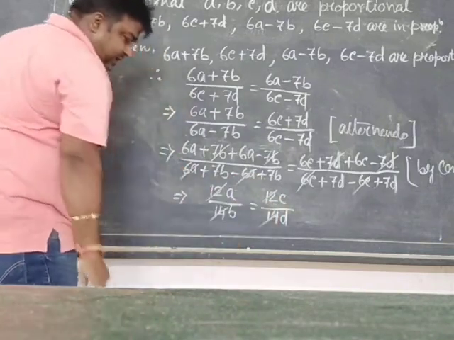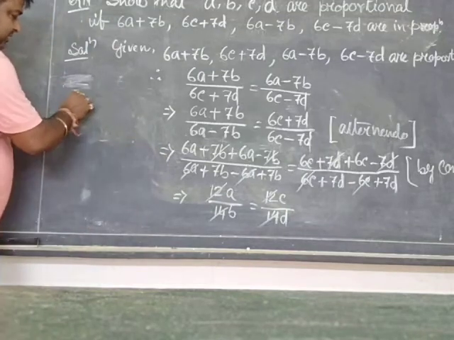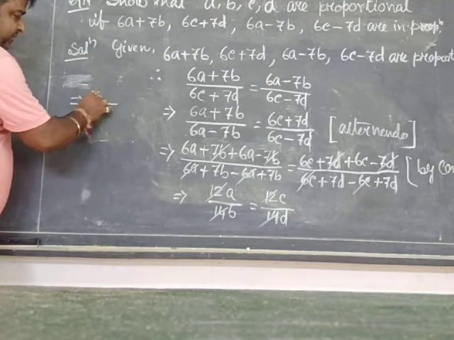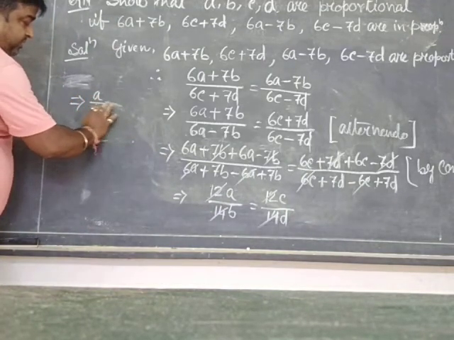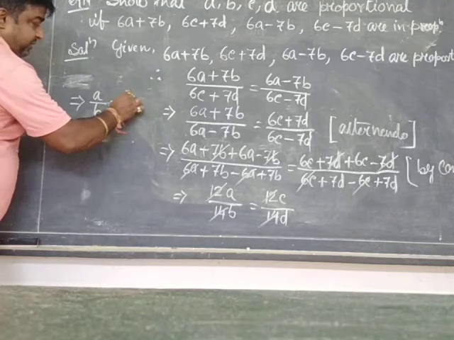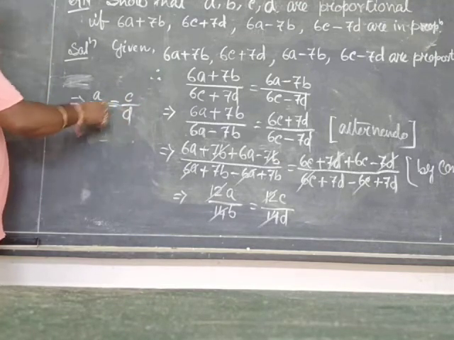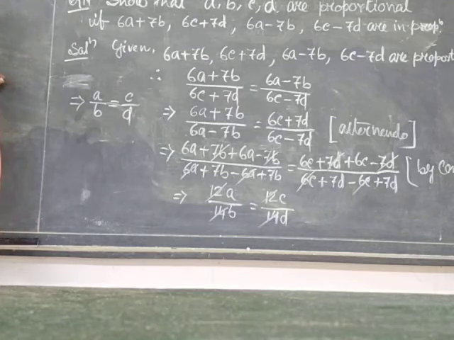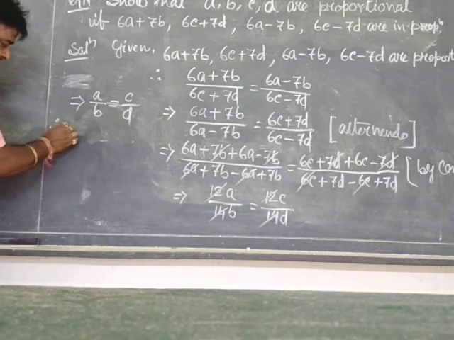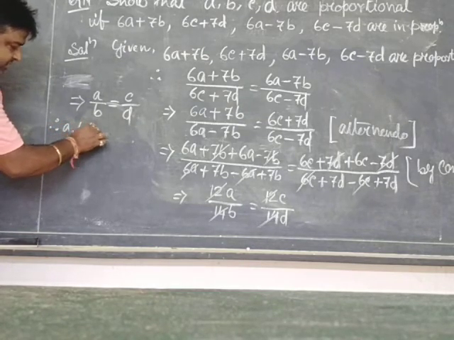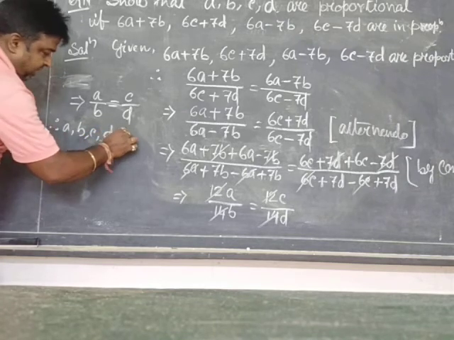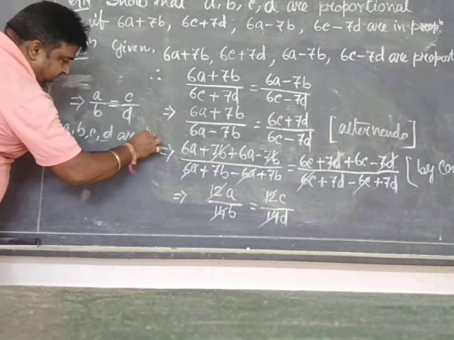So what is left is A by D equal to C by D. Now we are getting A by D equal to C by D, which means, therefore, A, B, C, D are in proportion.